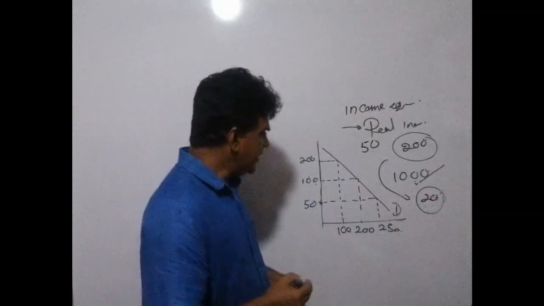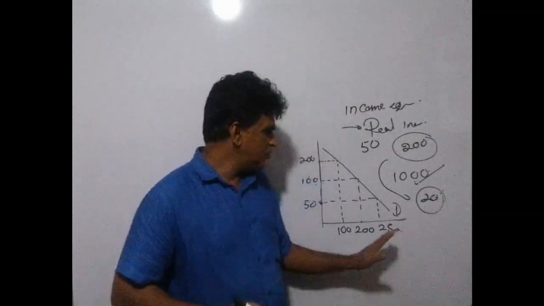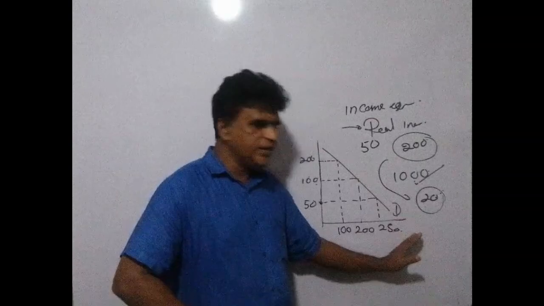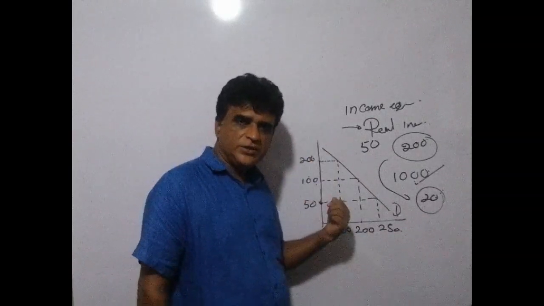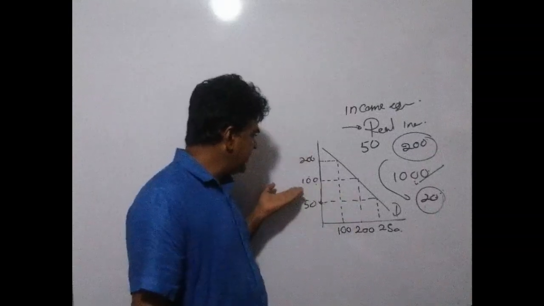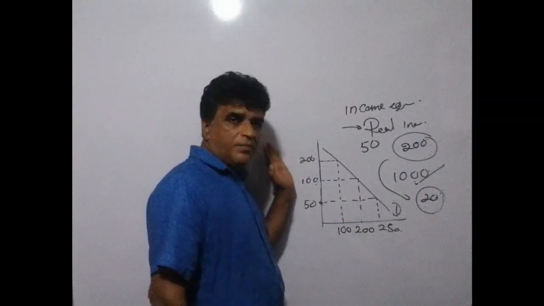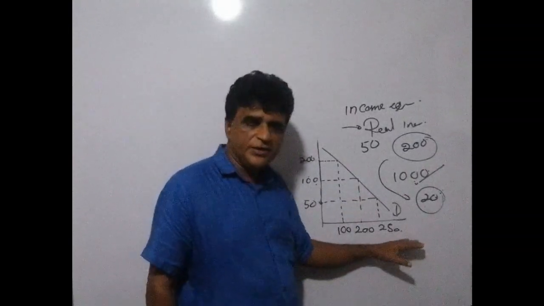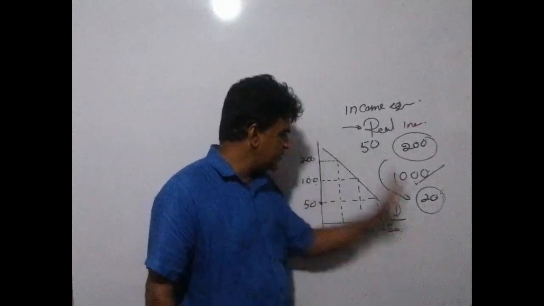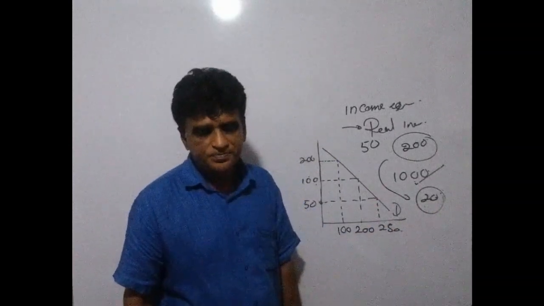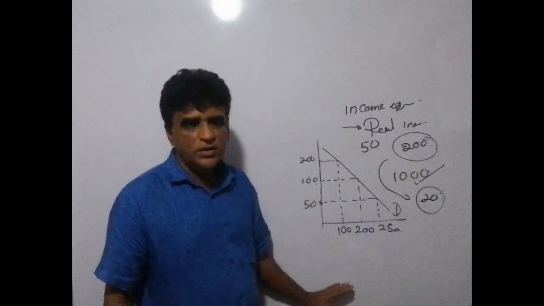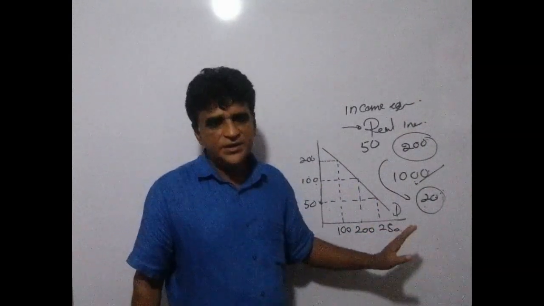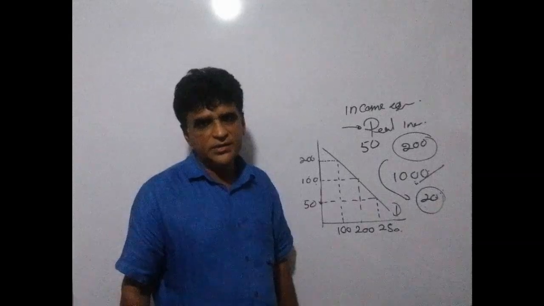This is another reason for the demand curve to slope downward in response to price change. That's why there's a negative relationship between price and quantity demanded, and that's why this demand curve slopes down. This is the basic theory you need to know for the further discussion in this lesson.